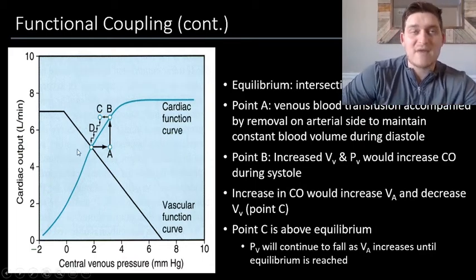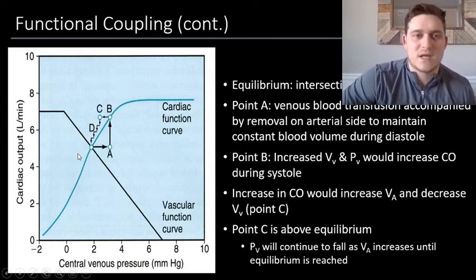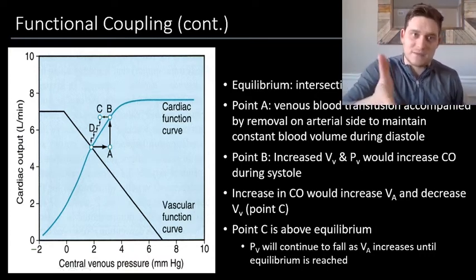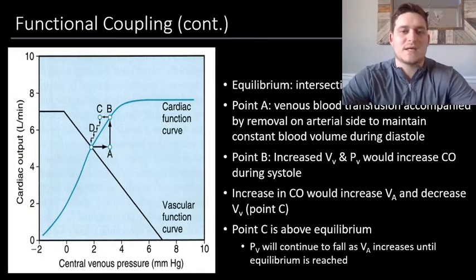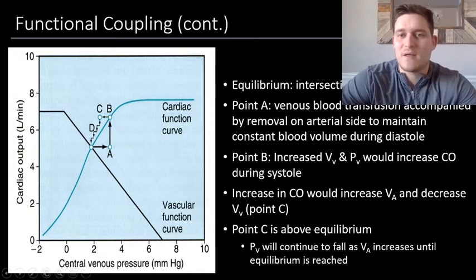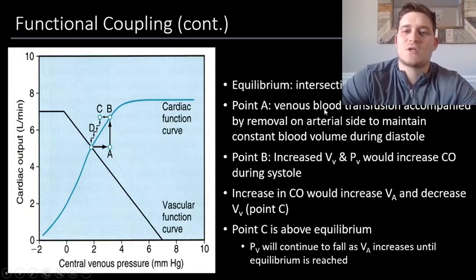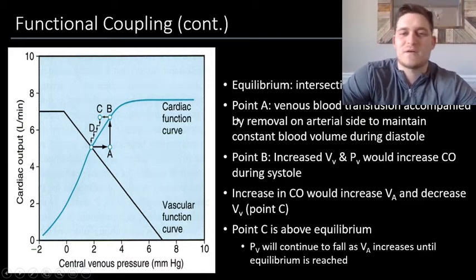And if we have an event that occurs, ultimately, it can affect this functional coupling, like we said. So let's say point A would be an injection of venous blood accompanied with a removal of that same amount of blood on the arterial side.